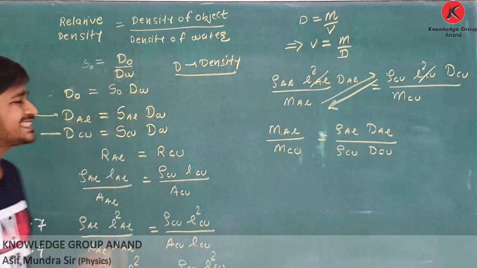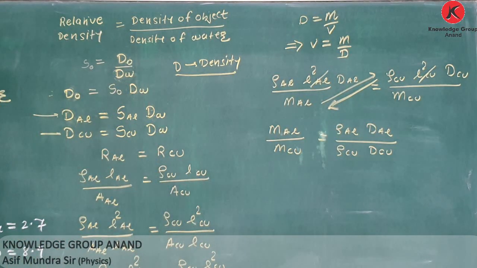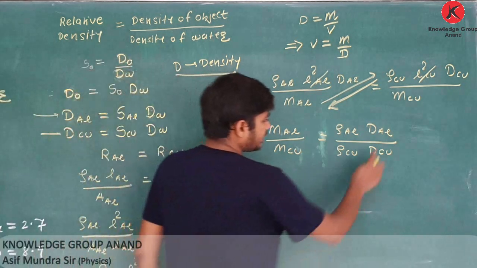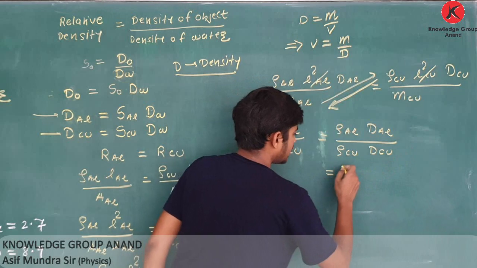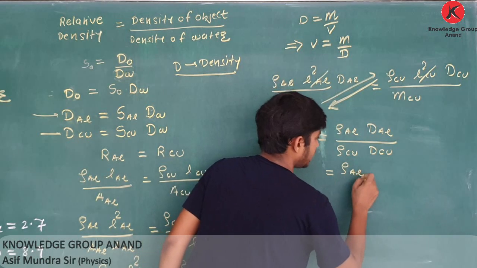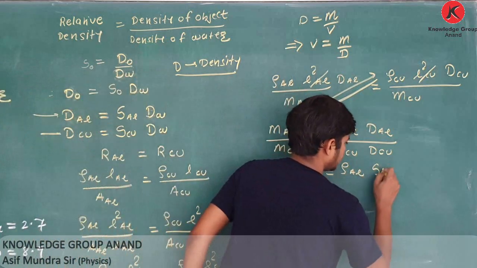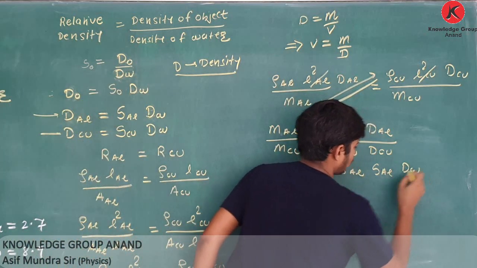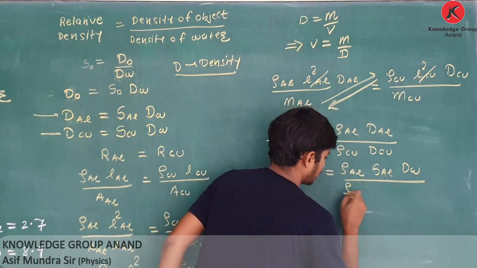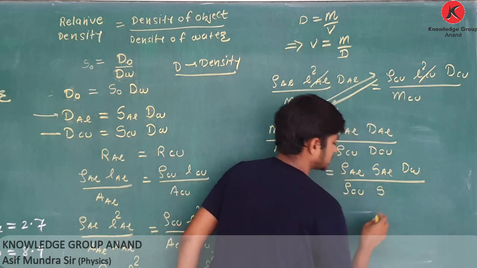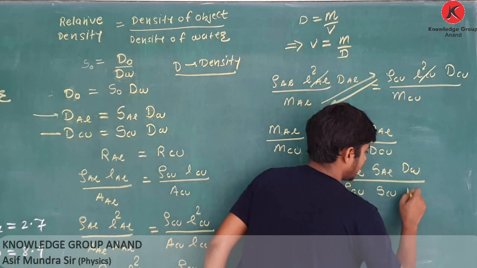Now you are given each and every data. See, we put the value of density. Here you can also write this as, see, here it is rho Al. What is density of aluminium? It is S of Al, specific density, times density of water, divided by S of Cu, specific density of Cu, times density of water.